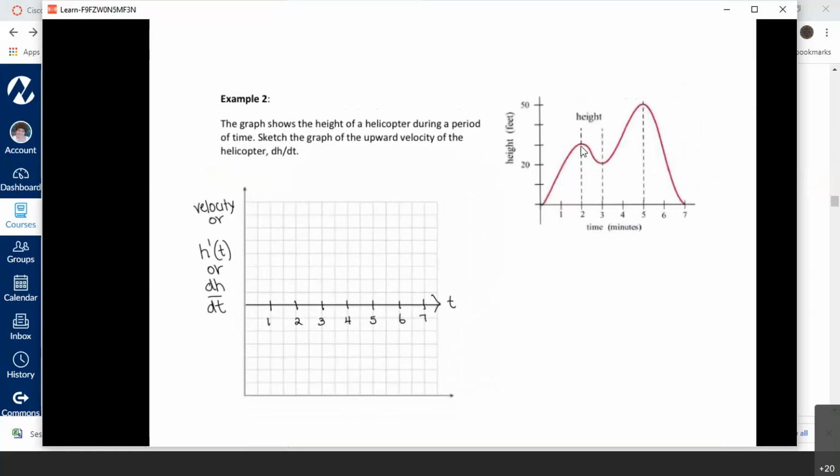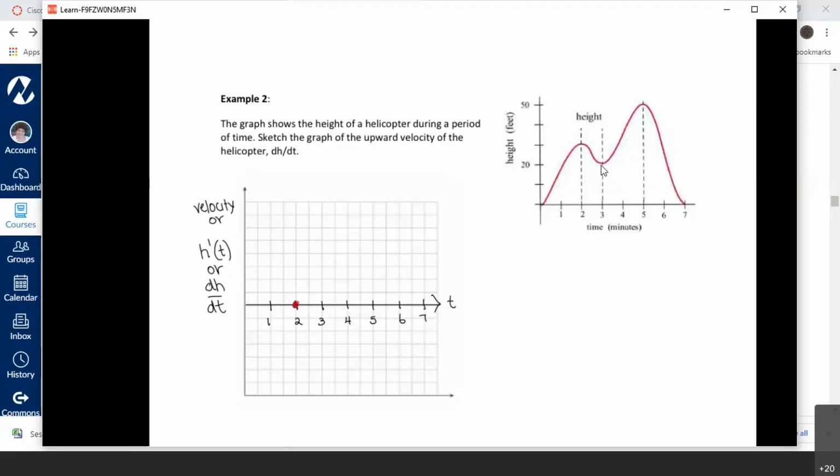So right here at 2 minutes, I know my velocity is 0. How do I know that? 2 reasons. This is the height of the helicopter. It's not going up or down right there, so its velocity is 0. Another way to think of it is from the mathematical point of view, this graph has a horizontal tangent here. So its derivative graph will have a 0 there.